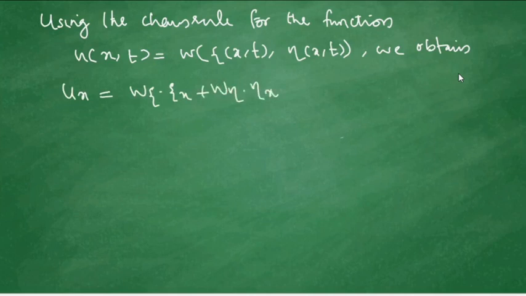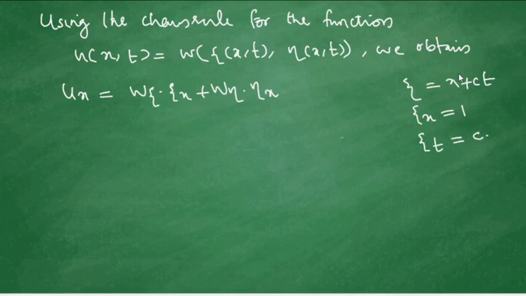Before finding all the derivatives, first we have to find theta x and so on. We have theta equal to x plus ct, so theta x is equal to 1, and the second independent variable is t, the time, so theta t is equal to c.